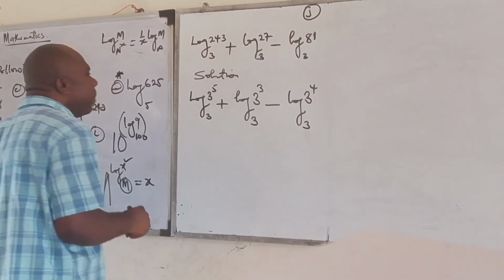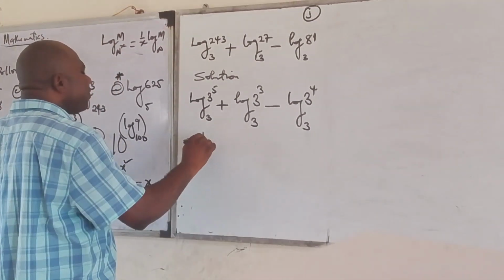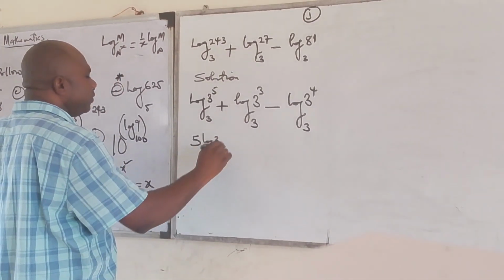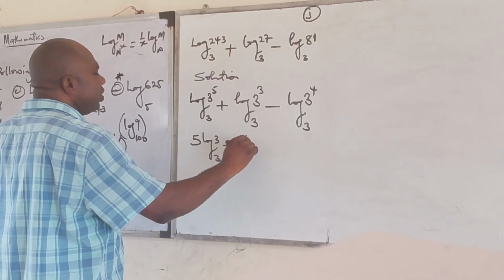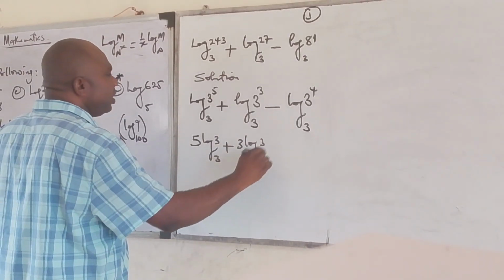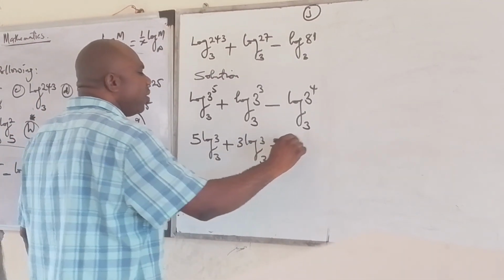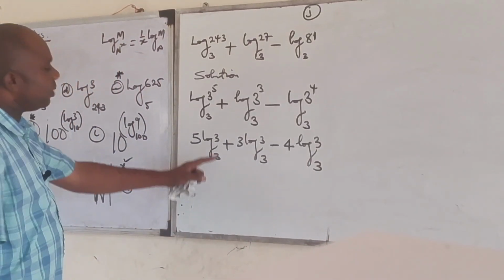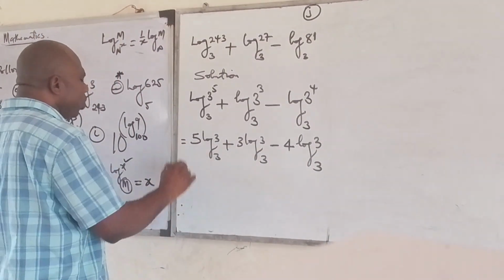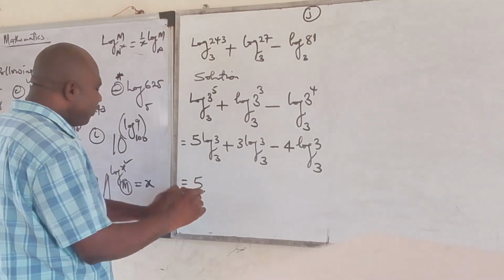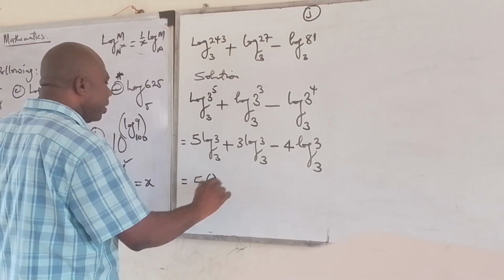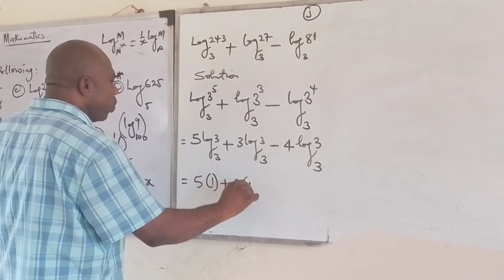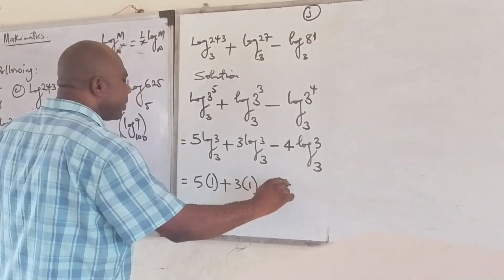Now the powers will fall back. So here we have 5 log 3 base 3 plus 3 log 3 base 3 minus 4 log 3 base 3. And we all know that log 3 base 3 is 1. It means the whole of this will be 5 in bracket 1 plus 3 in bracket 1 minus 4 in bracket 1.